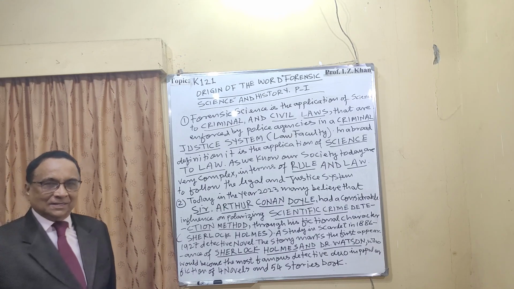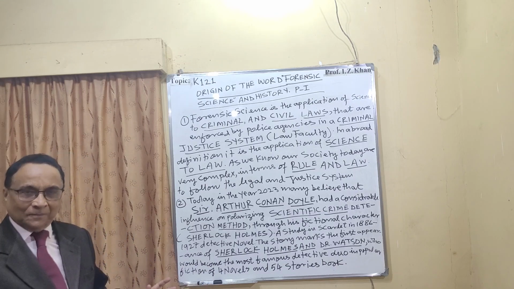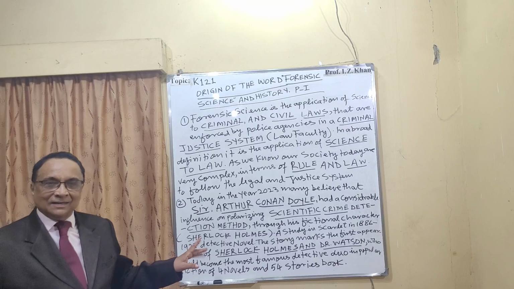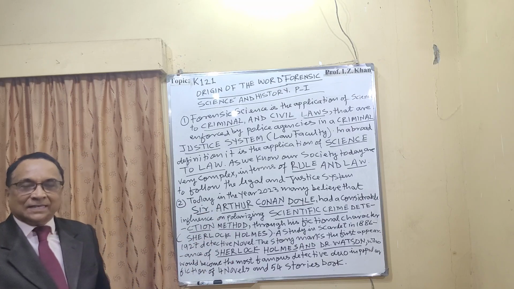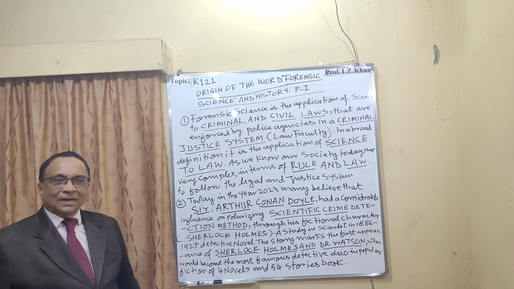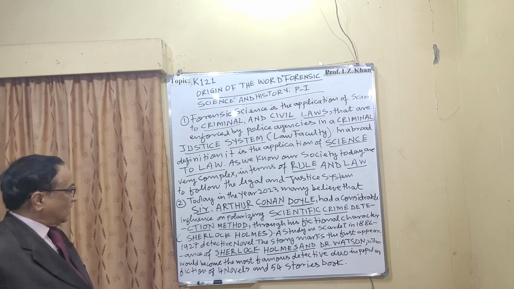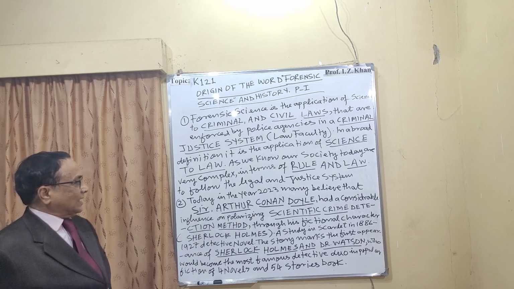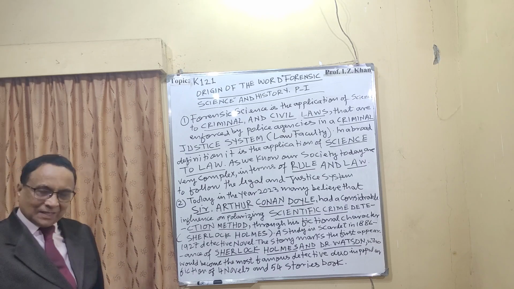His detective novels and detective short stories for youngsters are very popular. Go to Google and just type his name and about the detective novels. He wrote 4 novels and 54 detective stories, which had a considerable influence on popularizing scientific crime detection methods.